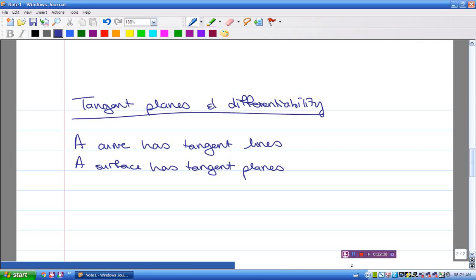But all of those tangent lines together, if you just picture them all sweeping around, those tangent lines together define a tangent plane. So the tangent plane is the geometric equivalent, or concept equivalent, to tangent lines on a curve.